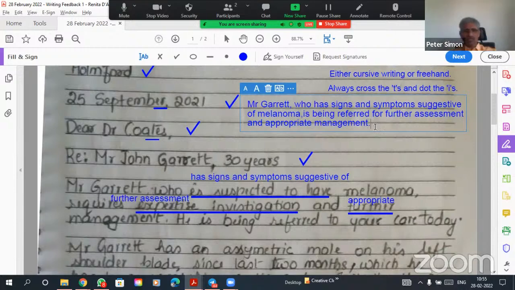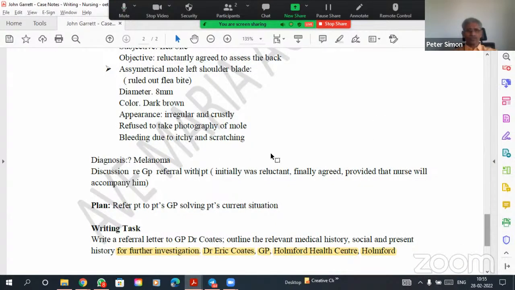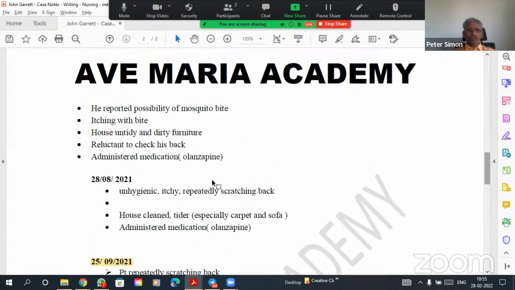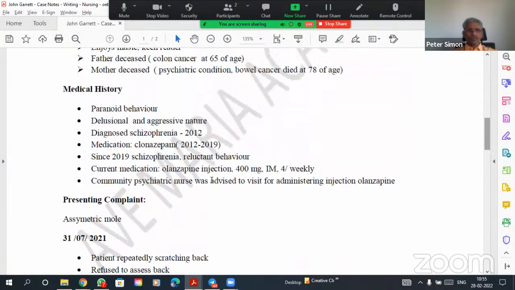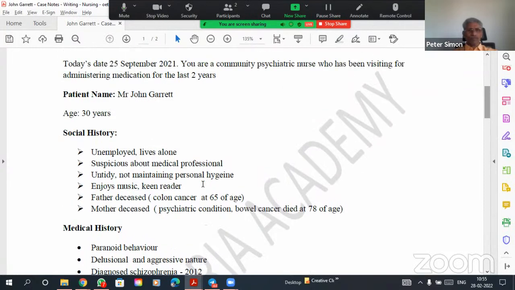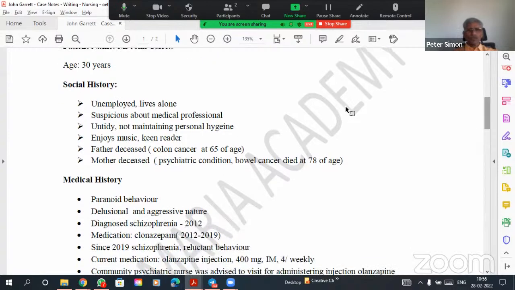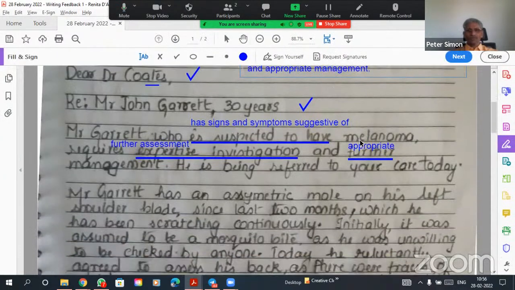Today is not necessary. Today or tomorrow. Today is not necessary. Transfer today. Okay, today's date is 25th September 2021. And for the last 2 years. Not necessary. So fine.